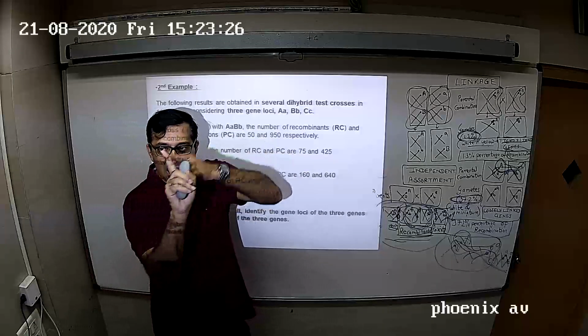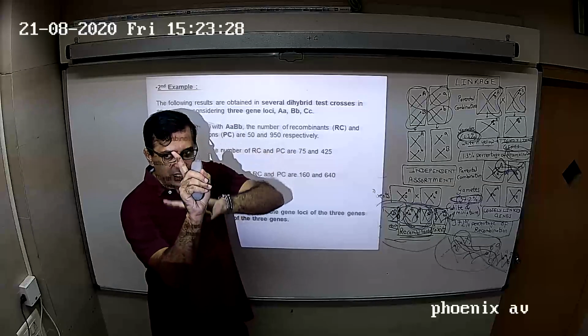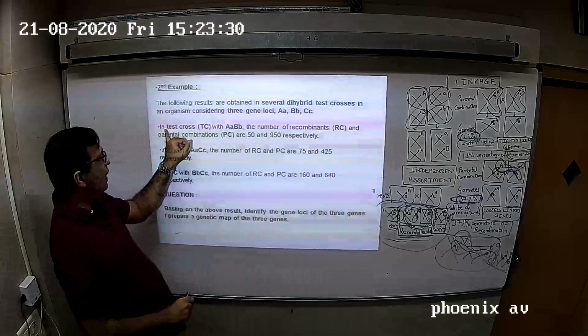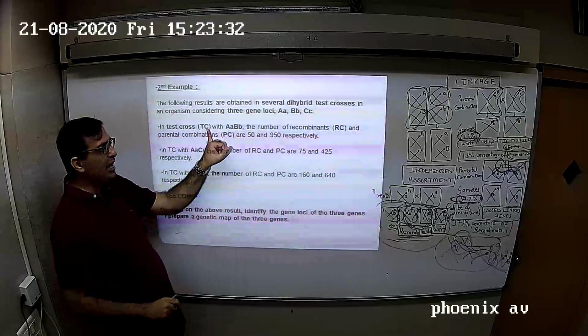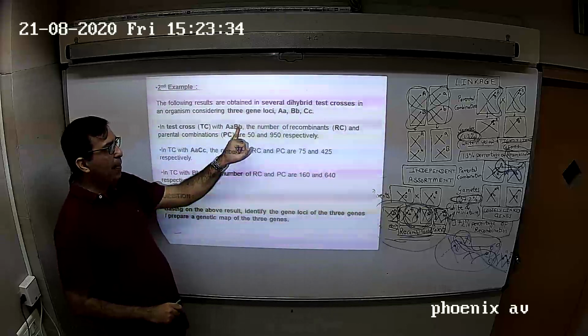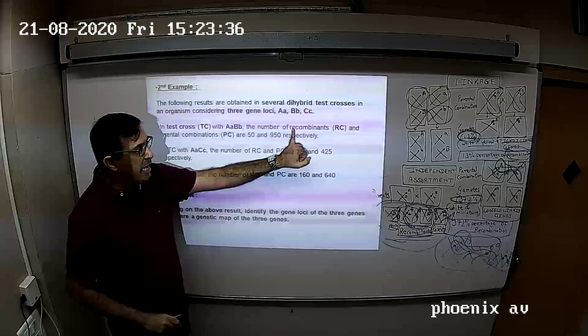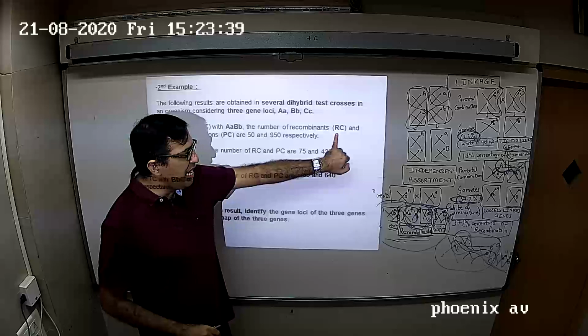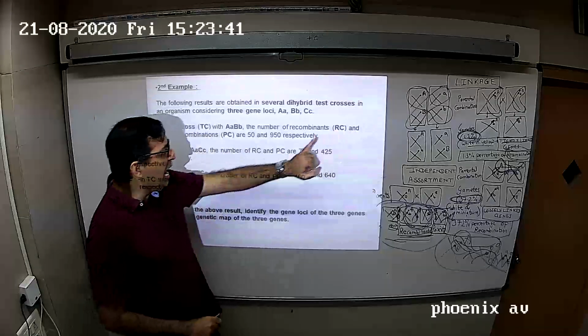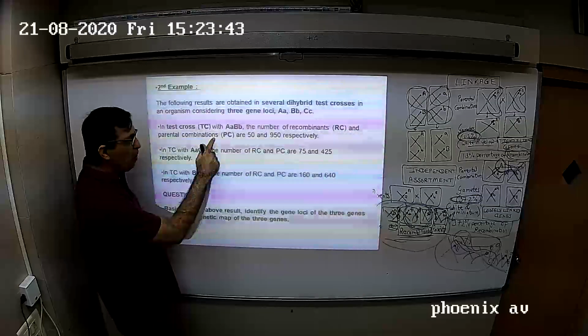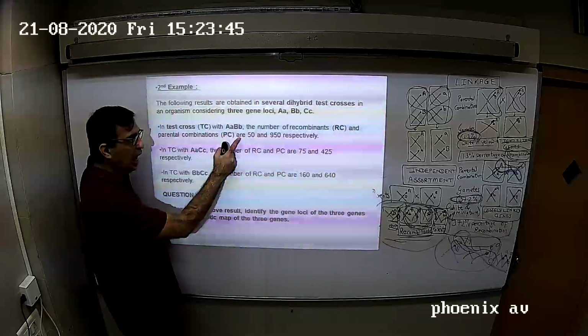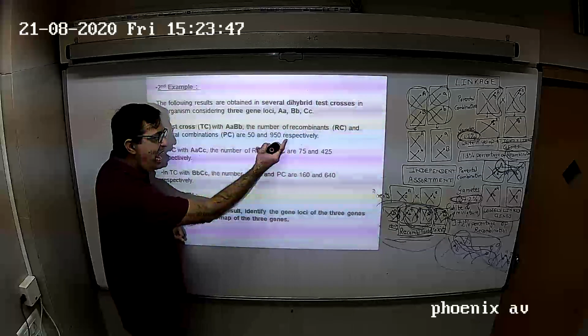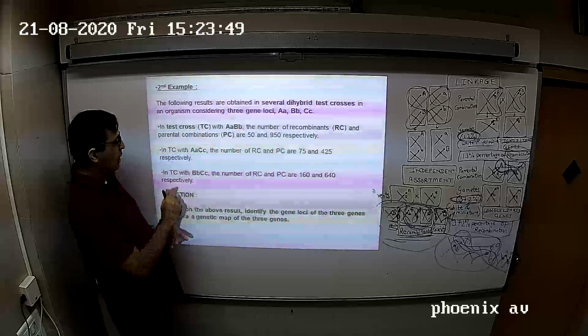In a test cross with capital A small a, capital B small b, the number of recombinants (R) and the parental combinations (PC) are 50 and 950 respectively.